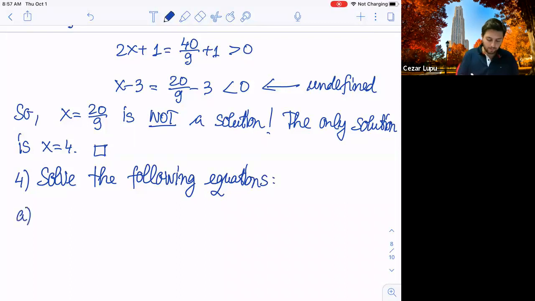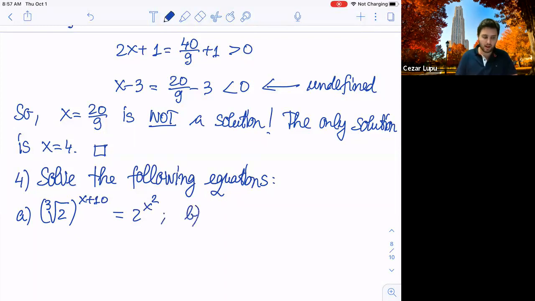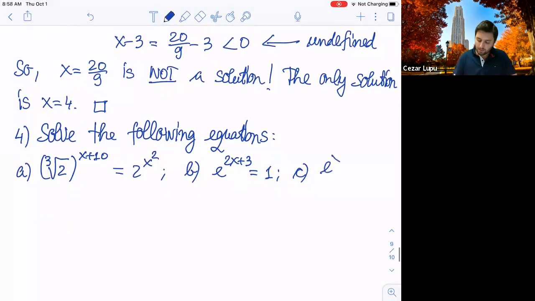The first one is, let's say, (cube root of 2) to the power x plus 10 equal to 2 to the power x squared. So that's the first one. The second one is e to the power 2x plus 3 equals 1. And c, e to the power x squared over e to the power x plus 6 is 1.